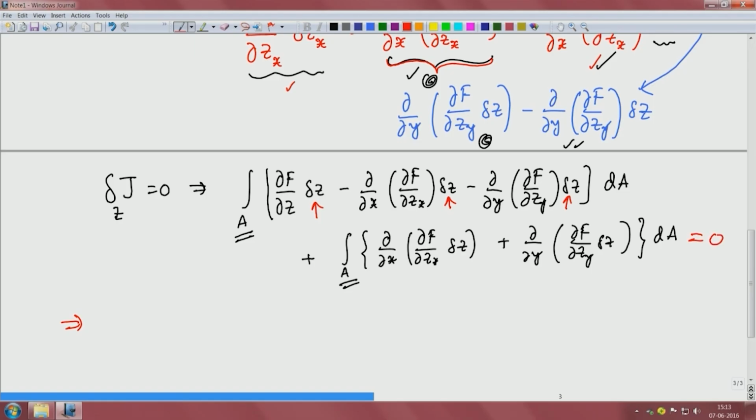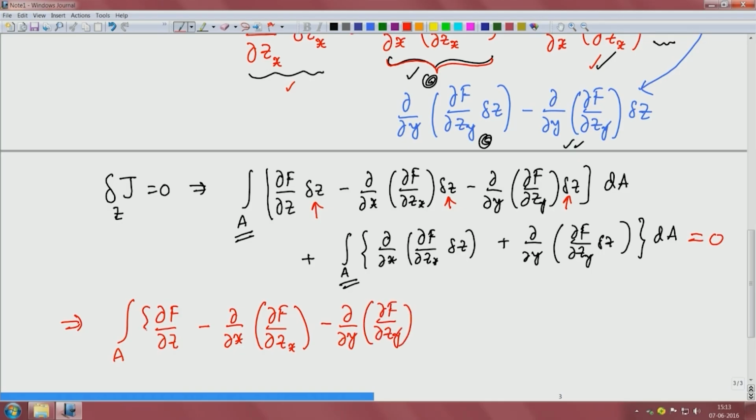Okay. So, I will write that this whole thing is equal to 0, that is our necessary condition. So, what I got is the integral over A of dou f by dou z minus dou by dou x of dou f by dou z x minus dou by dou y of dou f by dou z y, whole thing multiplied by delta z. Okay, that is the first part.